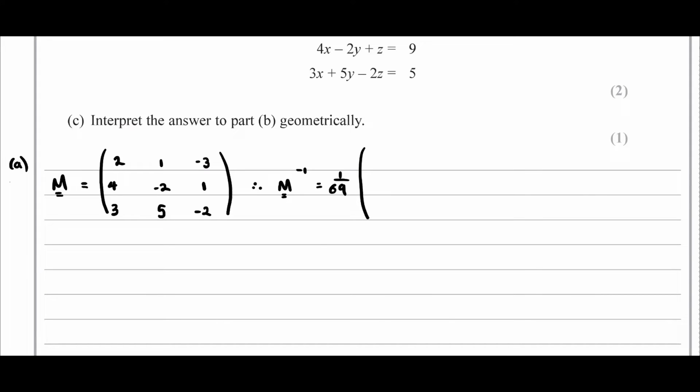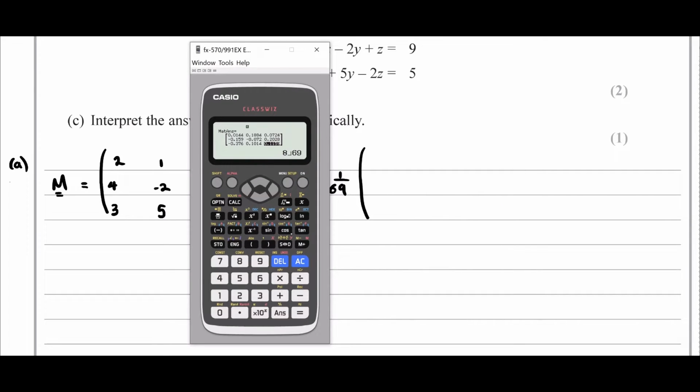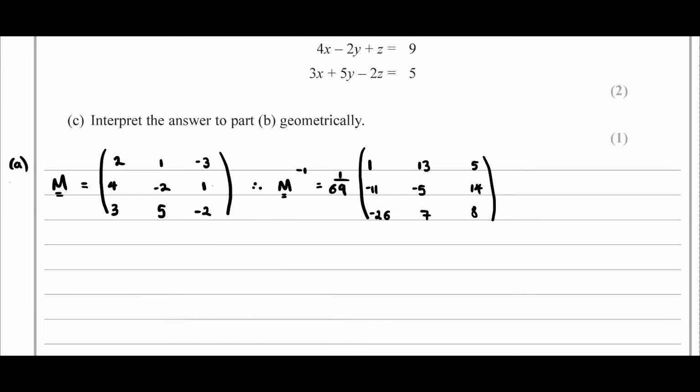And then for the matrix elements, we have 1, 13, 5, minus 11, minus 5, 14, minus 26, 7, and 8. So this over here is our inverse of matrix A.